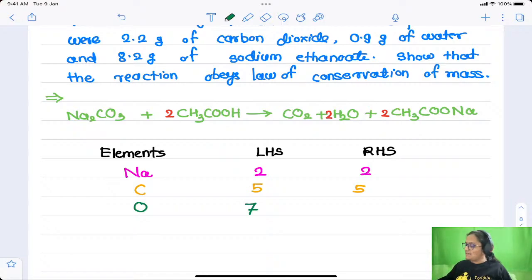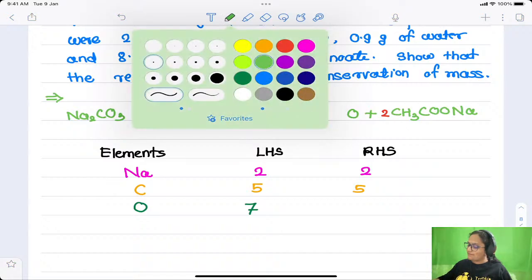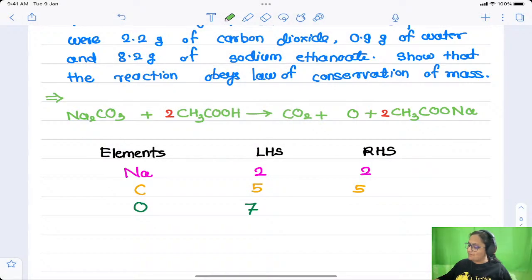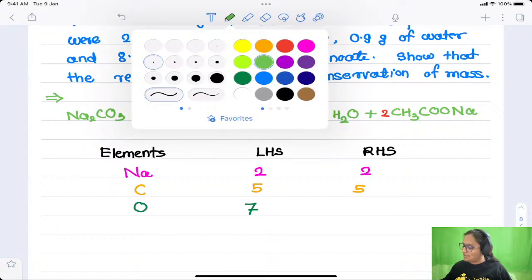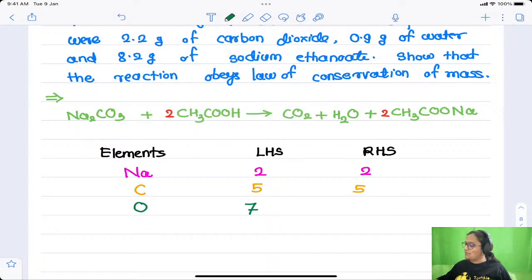And on the right hand side it is 4, 5, 6 and 7. So here oxygen on the right hand side is 4, 1 and 2, so 4 plus 1 plus 2 equals 7.